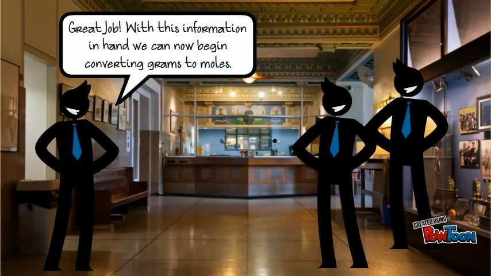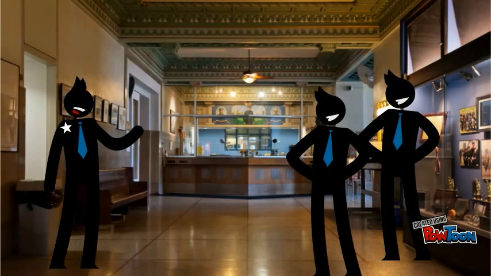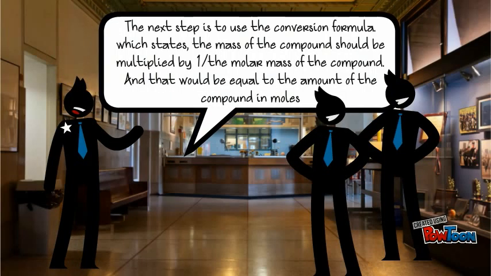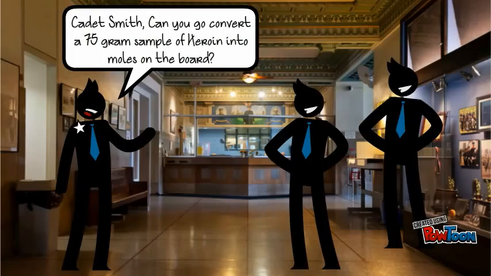Great job. With this information in hand, we can now begin converting grams to moles. The next step is to use the conversion formula, which states that the mass of compound in grams should be multiplied by 1 over the molar mass of the compound, and that would be equal to the amount of compound in moles. Cadet Smith, could you please go convert a 75-gram sample of heroin into moles on the board?